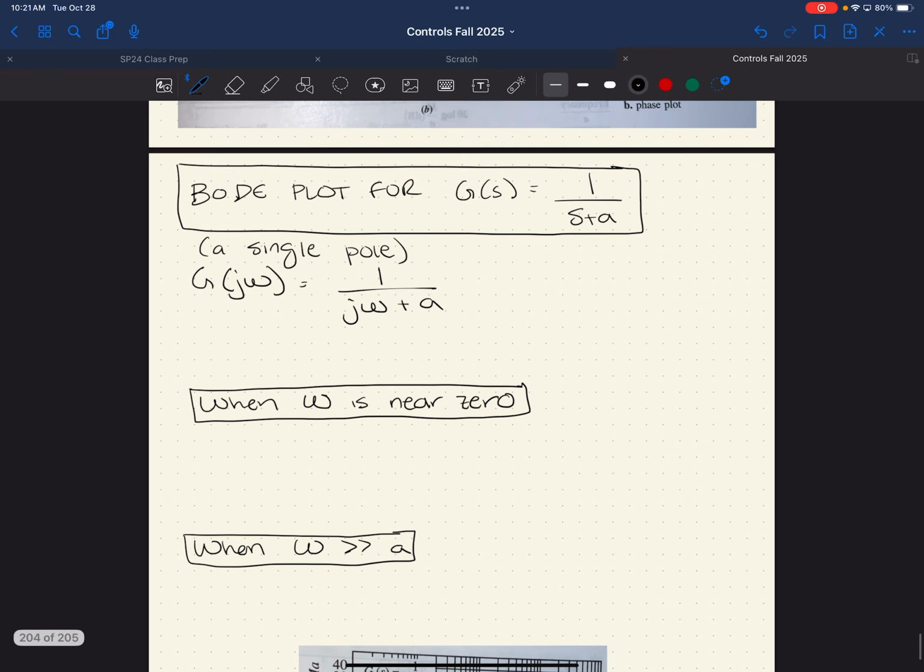Well, when omega is near 0, that j omega term kind of disappears. It's roughly equal to 1 over a. And in decibels, this is 20 log M equals 20 log 1 over a.